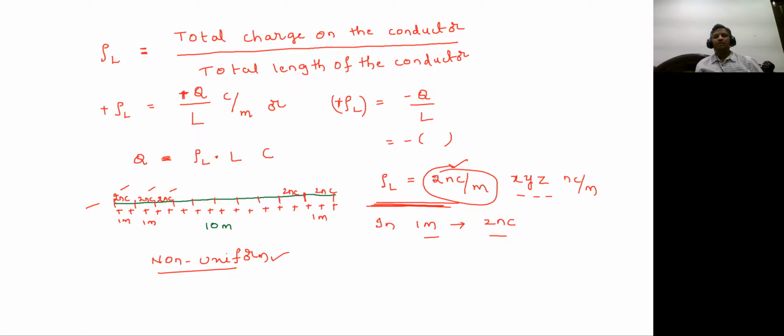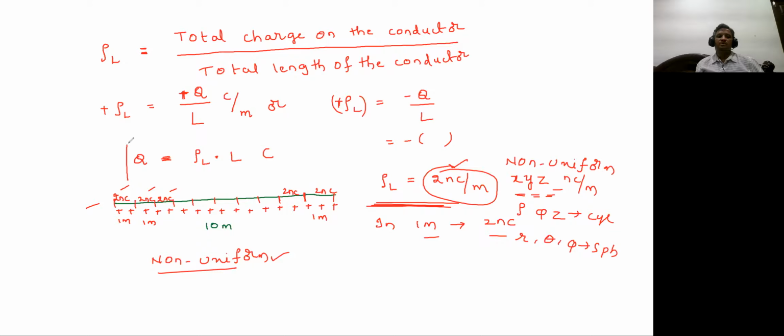So you can call that non-uniform, whenever you have variables like x, y, z or rho, phi, z or r, theta, phi. This is rectangular, this is cylindrical, and this is spherical.